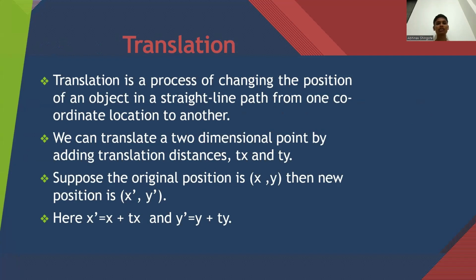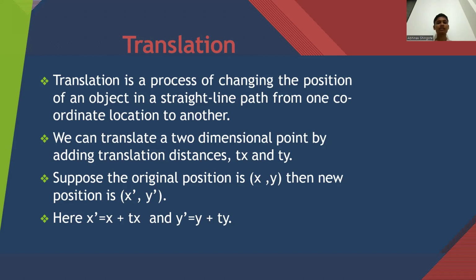We can translate a two-dimensional point by adding translation distances dx and dy. Dx means translation along the x-axis and dy means translation along the y-axis. Suppose the original position is x, y, and the new position is x dash and y dash. So x dash is x plus dx and y dash is y plus dy.